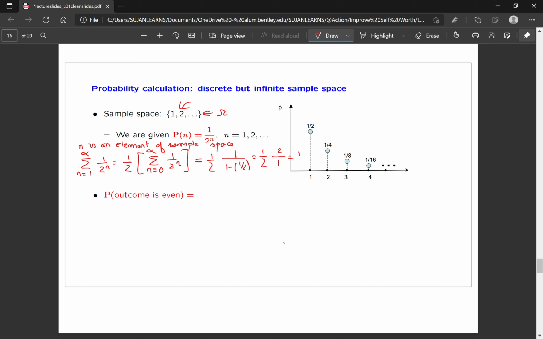Third step is to calculate probabilities by defining some event. The event we are defining is that the outcome is even. That is, the set of even numbers, an infinite set of even numbers of tosses.